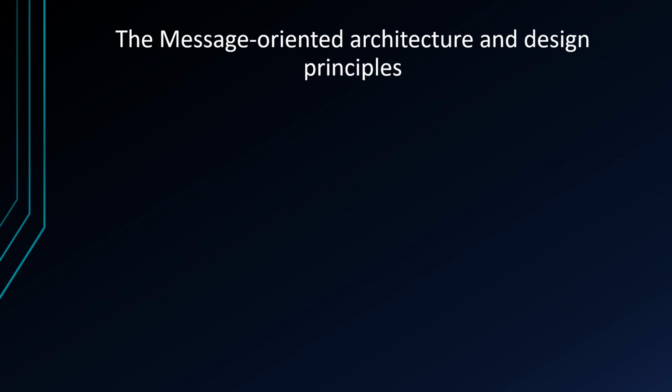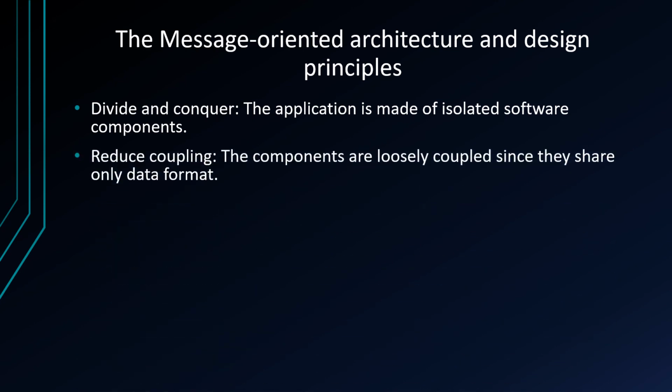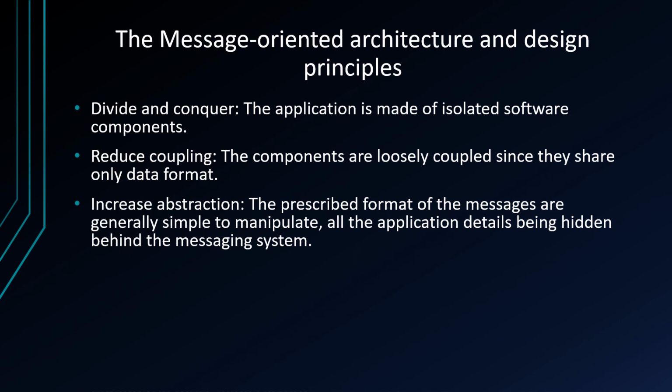So the message-oriented architecture and design principles. In divide and conquer, the application is made of isolated software components. The components are loosely coupled since they share only data formats. Increased abstraction: the prescribed formats of the messages are generally simple to manipulate, and of course, all the application details are hidden behind the messaging system.